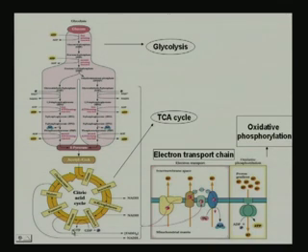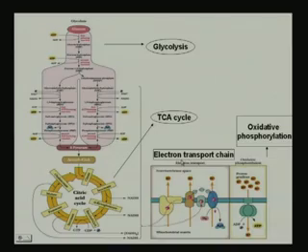We have also seen that in this process some hydride ions are formed, and when the cycle is further processed, it enters the electron transport chain, and today we will be discussing this electron transport chain.